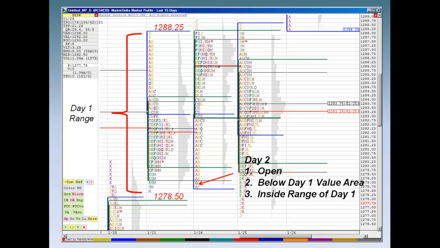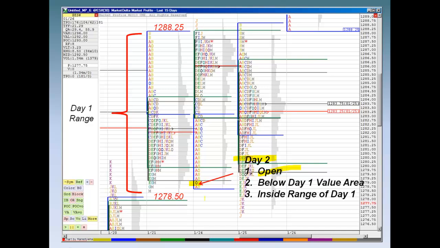All right, now let's take a look at our second day, or day 2, as we decided how we would refer to it. And this is our day 2. The first thing that we're going to look at is the open. Where did we open? And we opened down here. The first question that we're going to answer for ourselves is, did we open inside or outside the range of the prior day?